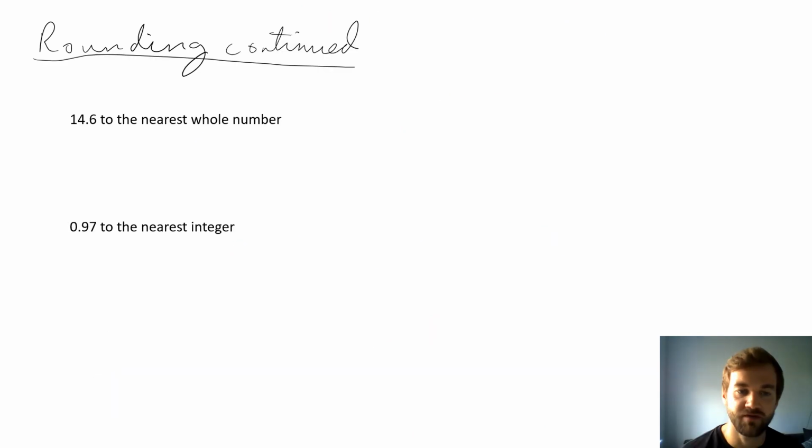So let's look at rounding to the nearest whole number or integer. For the first one, 14.6. I'm just going to look at positives. So 0, 1, 2, 3, 4, 5, 6, and so on. They're all whole numbers, our integers, or our 1 times tables, multiples of 1.